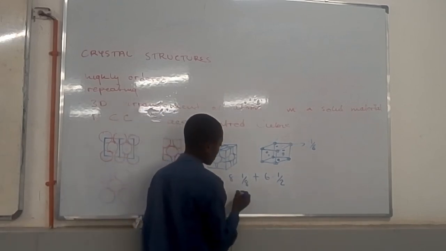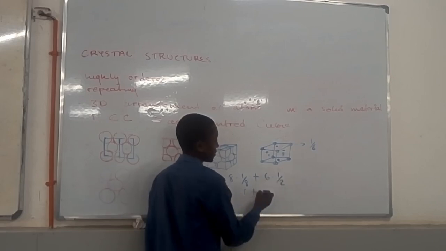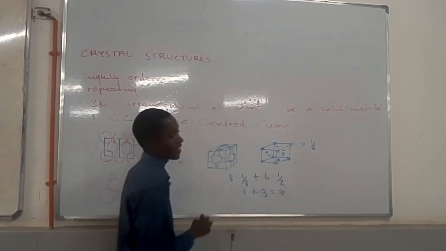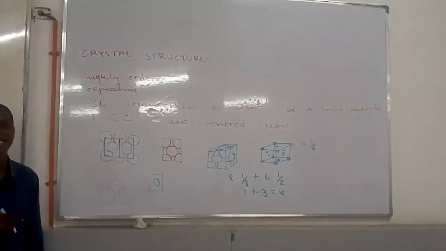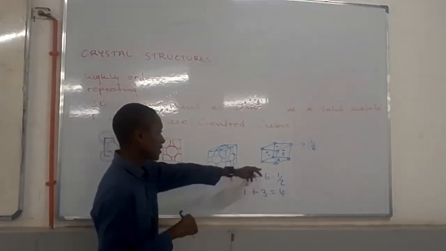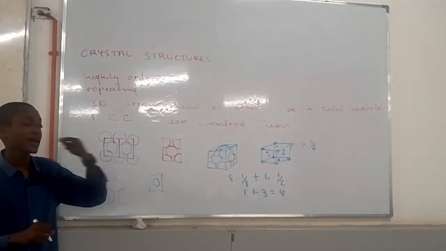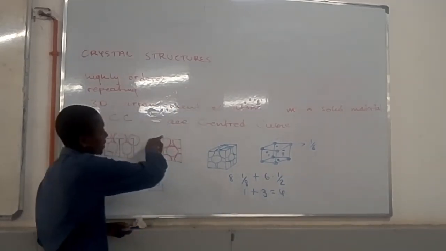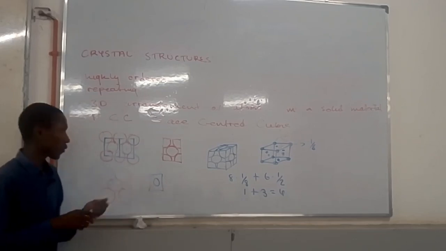So this will give us 1 plus this will give us what? 3. This gives us 4. Now I believe that you are following. Okay, so this gives us what? 4. Do we understand that? Okay. So this means that the face centered cubic has got how many atoms? It has got 4 atoms.